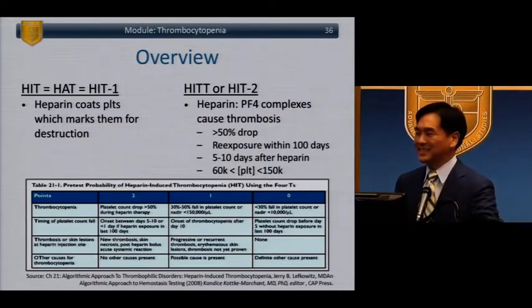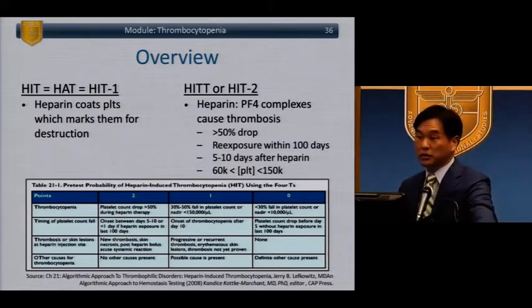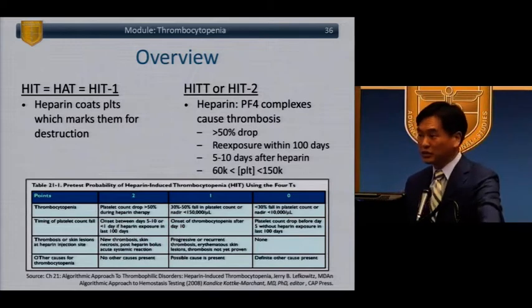The second is heparin-induced thrombocytopenia and thrombosis, where you get these heparin-platelet factor 4 complexes, which both cause a drop in your platelet count, and then you develop clots. And they frequently are arterial more than they are venous, but they can be both, and they can be dramatic.